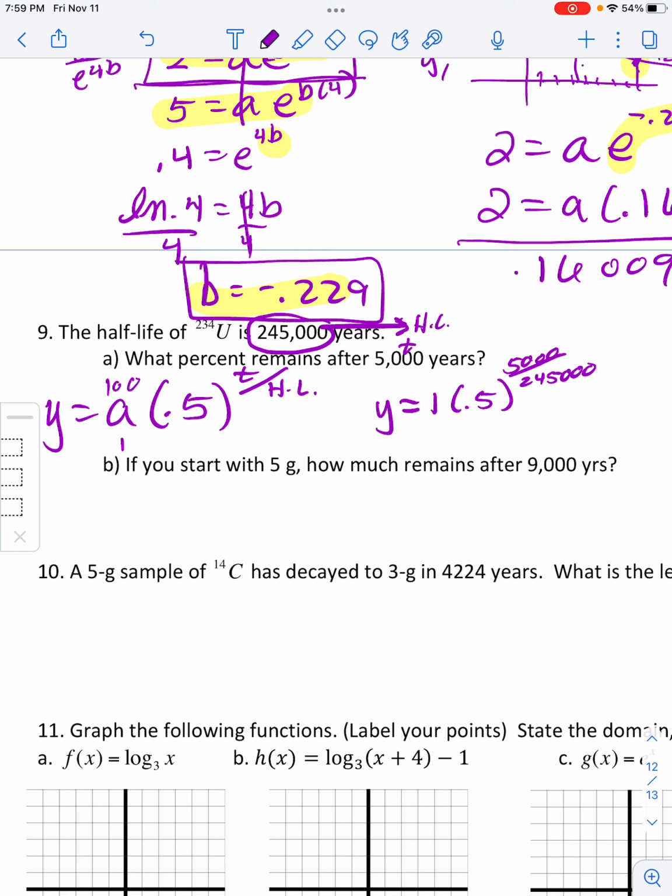So I don't have an unknown on the right, so I'm just going to type in exactly that big fat mess, making sure that the 5,000 divided by the 245,000 all ends up in the power. So however, you've got to do that.